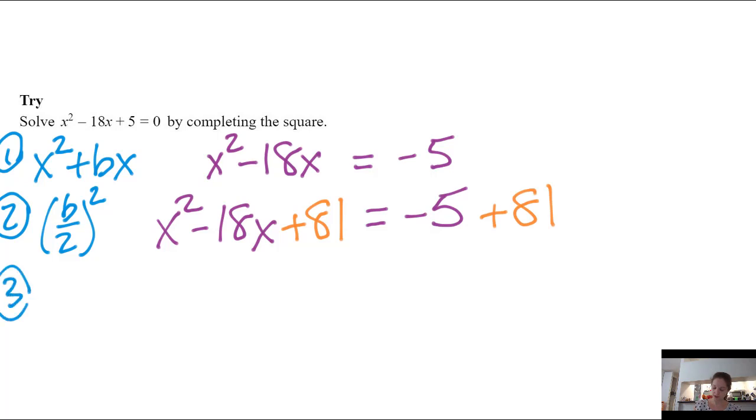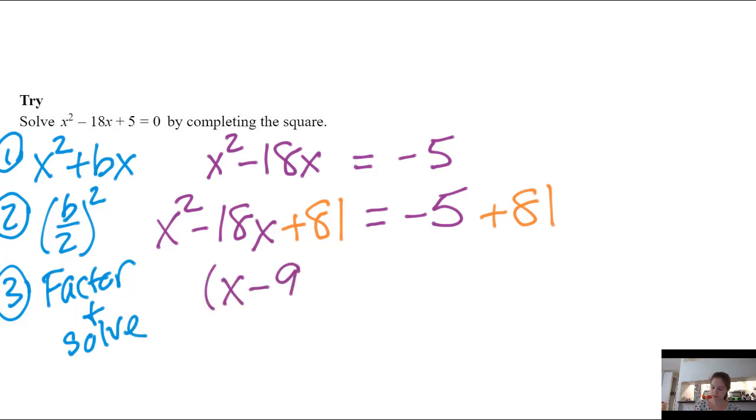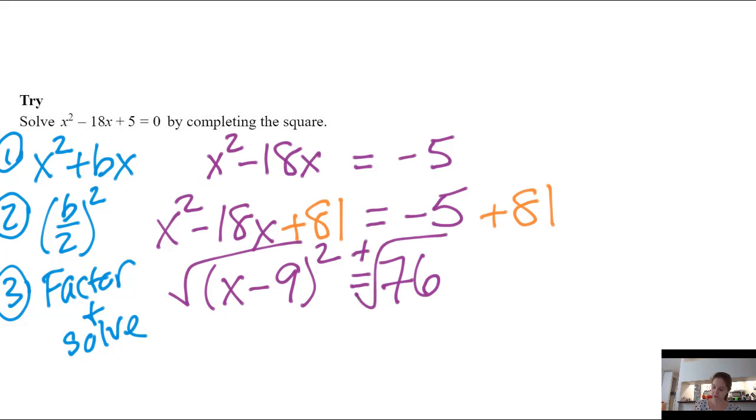Now I will factor and solve. x minus 9 squared equals 76. Take the square root of both sides, plus or minus. Get x minus 9 equals plus or minus radical 76.